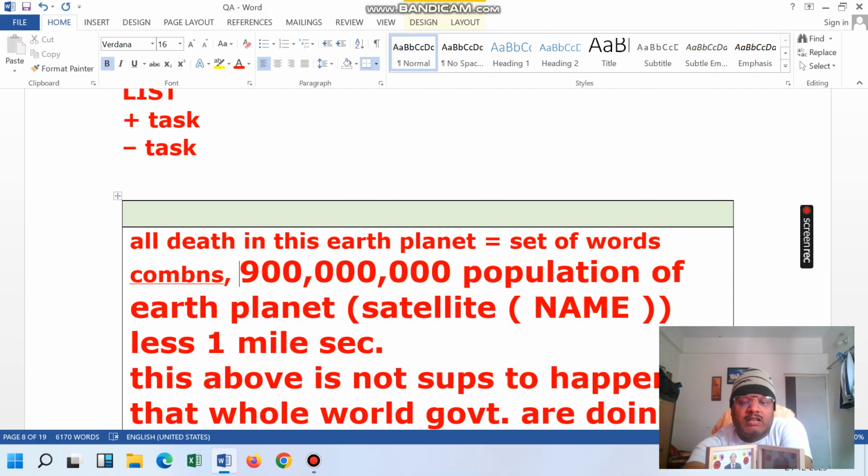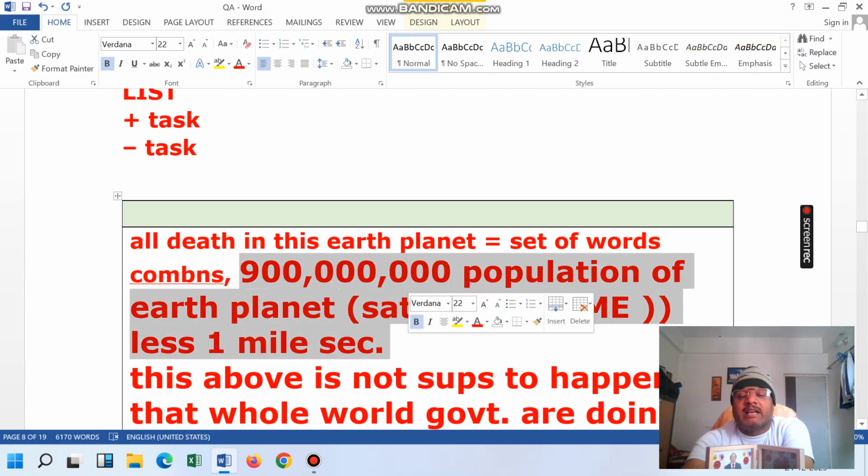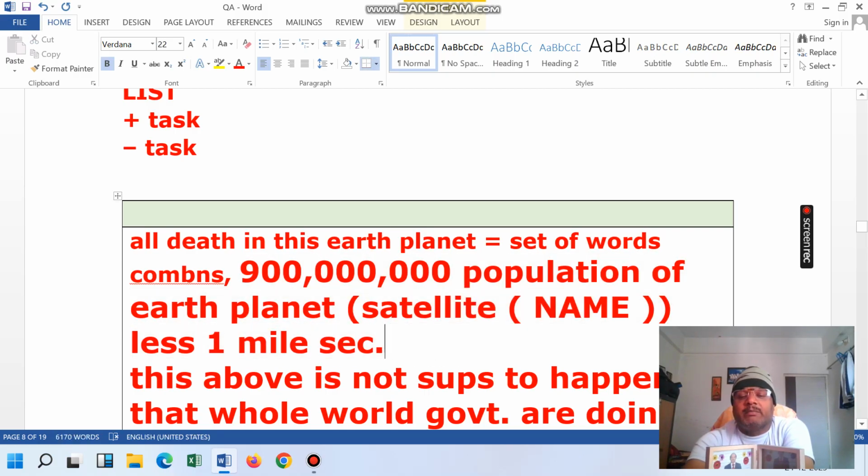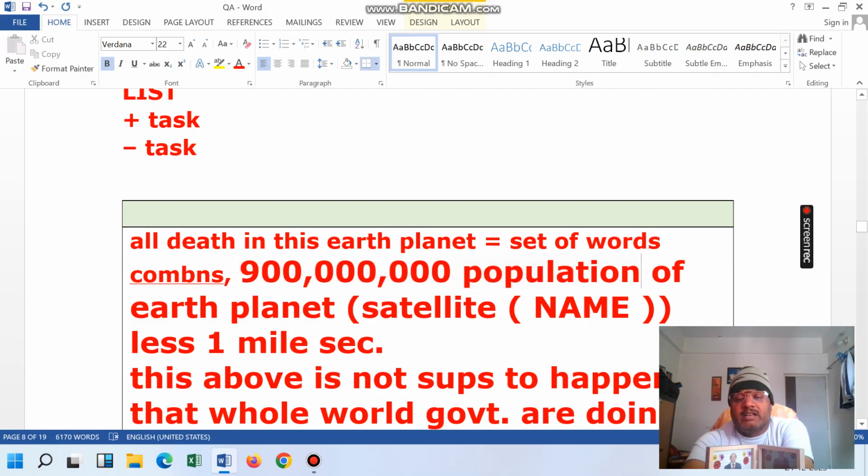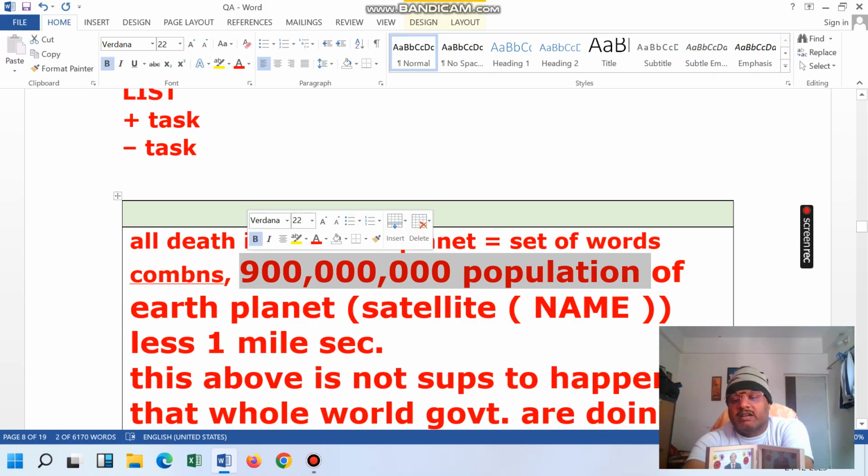One of the persons said yes. But the main thing here is that the universe group has kept everything such that within 1 millisecond, through a satellite, I don't know what the satellite name is, the entire 900 crore population will become powder. Which powder, we have already discussed.